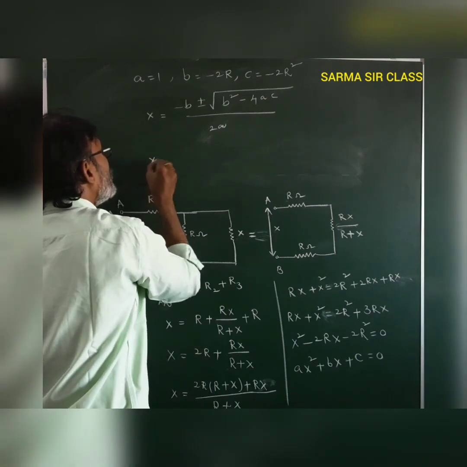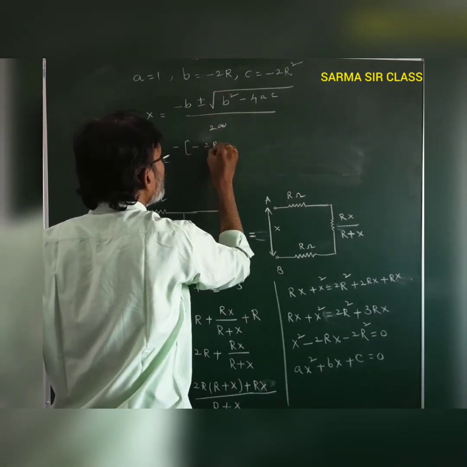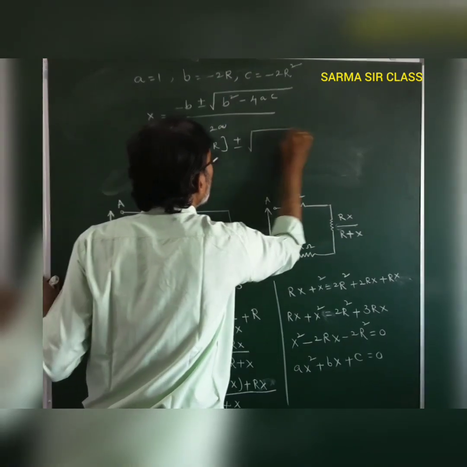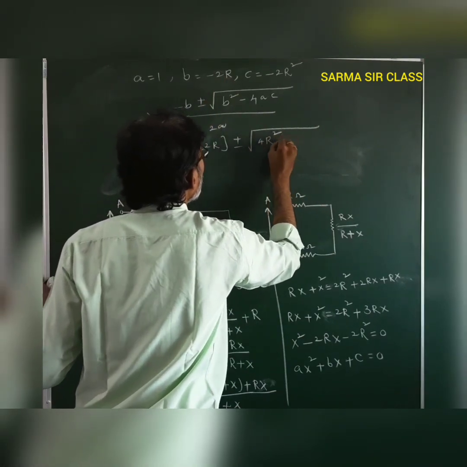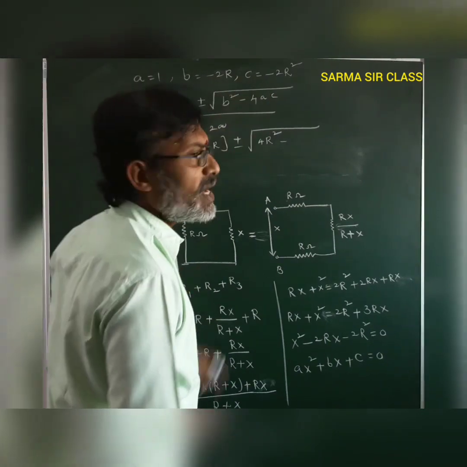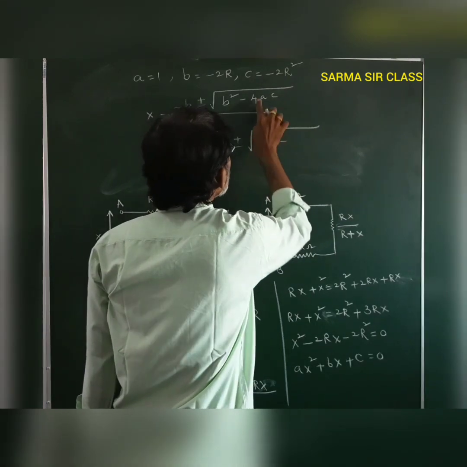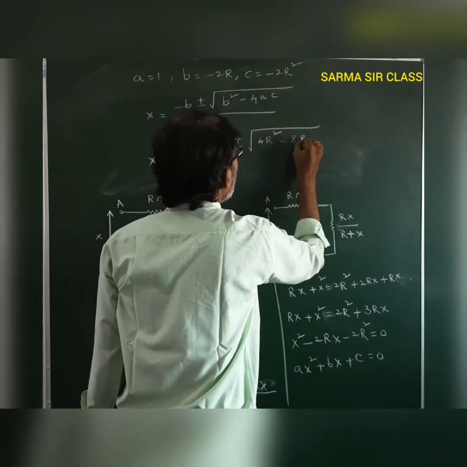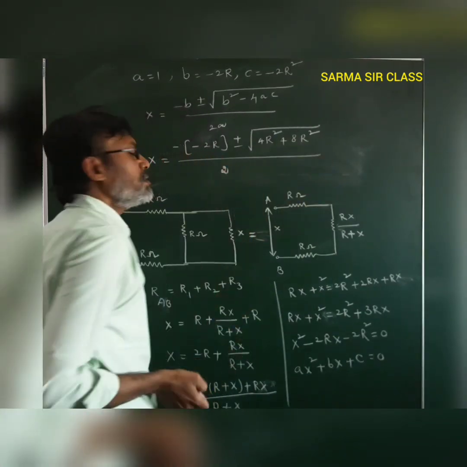Then X is equal to minus b, which is 2R, plus or minus root over b square, 2R whole square, 4R square, minus 4ac, with a equal to 1 and c equal to minus 2R square, so plus 4 into 2, 8R square, by 2a. 2a is nothing but 2.